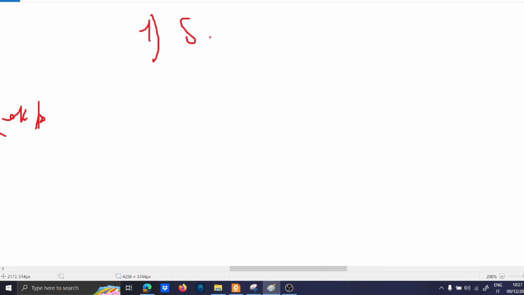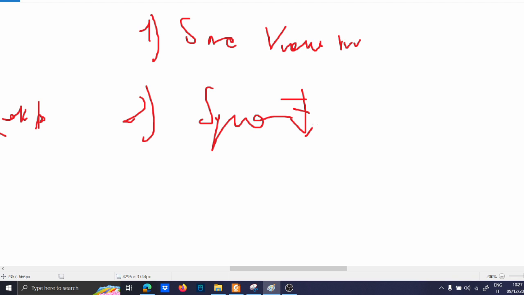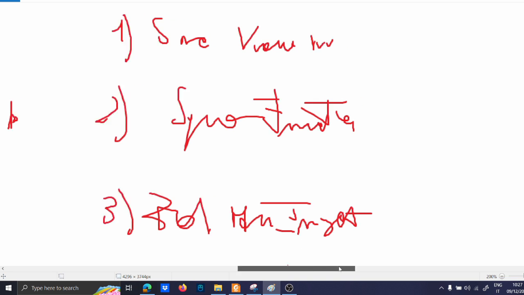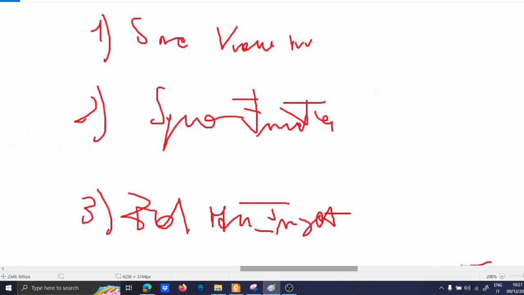The first is the sine wave inverter. The second is the square wave inverter. And the third is third harmonic injection. In the sine wave inverter, you have the sine wave and the triangular waveform.